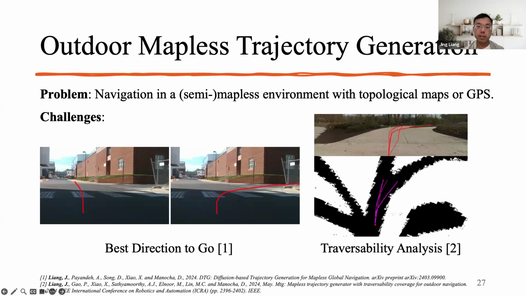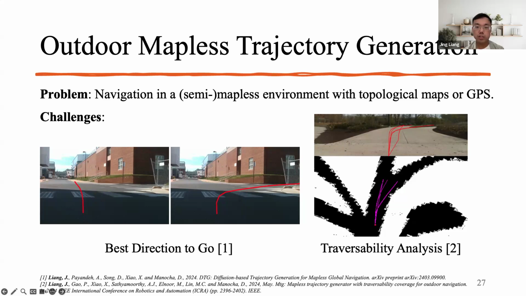This is not purely an optimization problem, but more about human intuition. For example, if the target is really far and we don't know the exact path to the target, we might want to walk on the main road first. And then when the target is very close to the robot, we can go to the narrow roads.